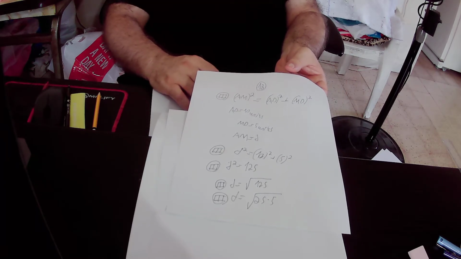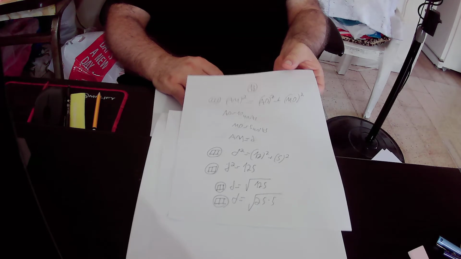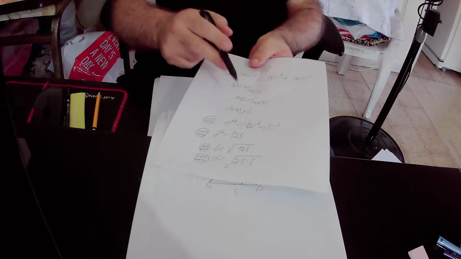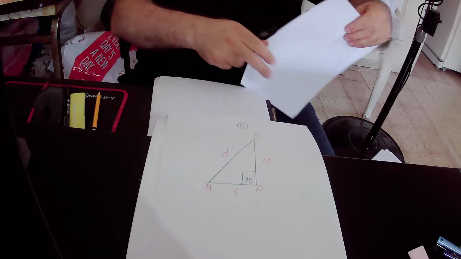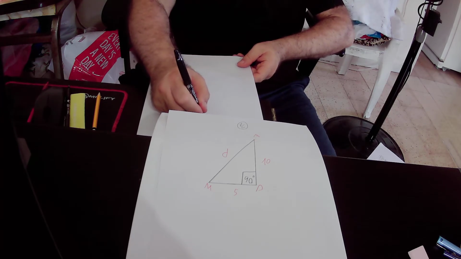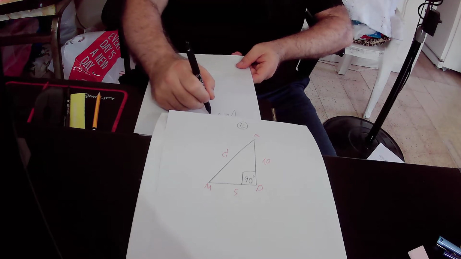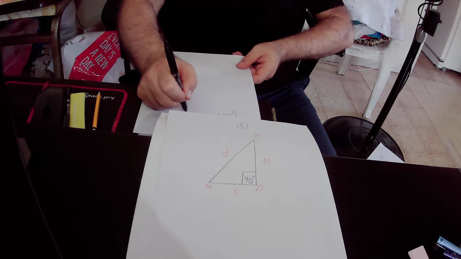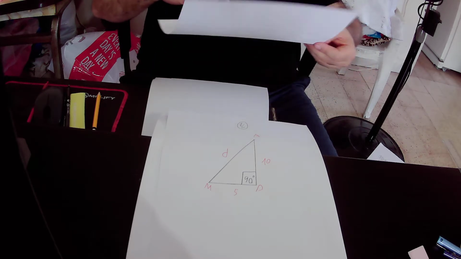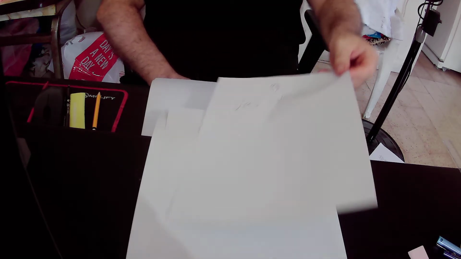d equals 25 times 5, which equals 125. Now we can separate the root into two roots, according to the rule that the root of a times b equals root a times root b.